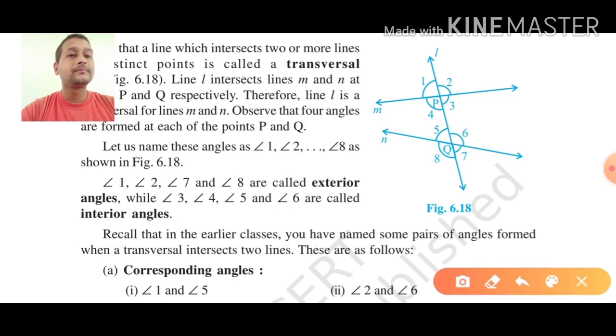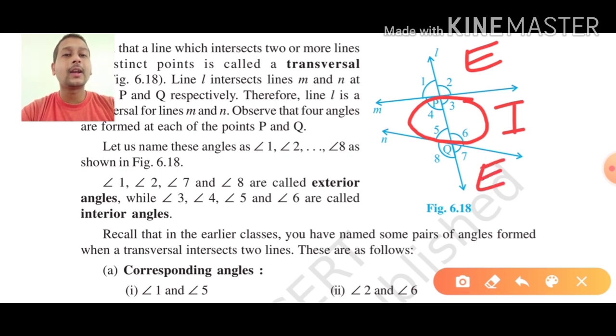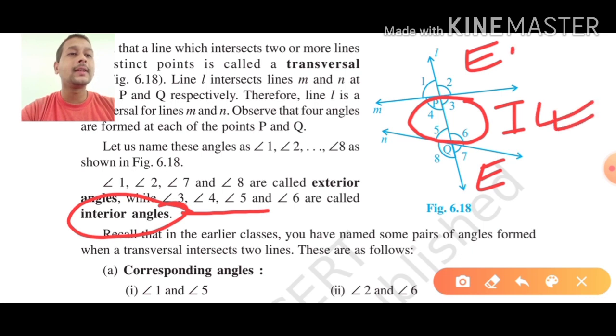Now see, if you take the part between the two lines as the interior part, the rest is the exterior part, and the angles in the interior part are the interior angles. That is why angles 3, 4, 5 and 6 are interior angles and the rest are exterior angles.